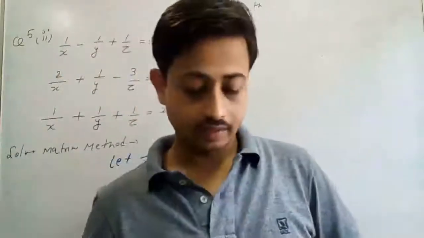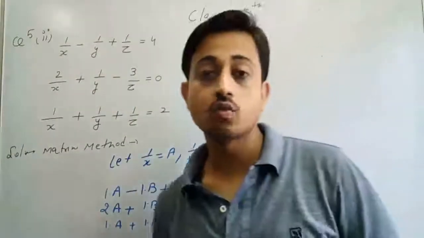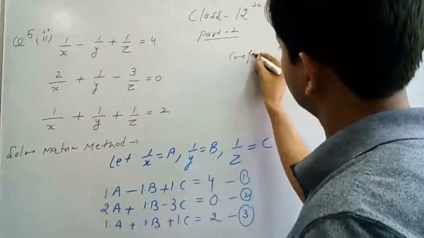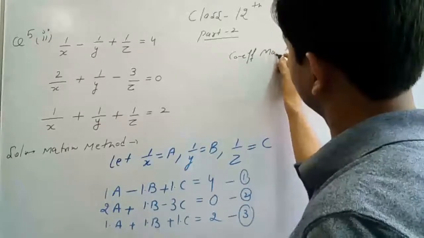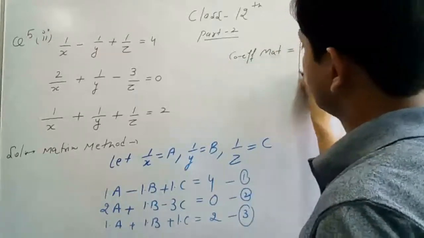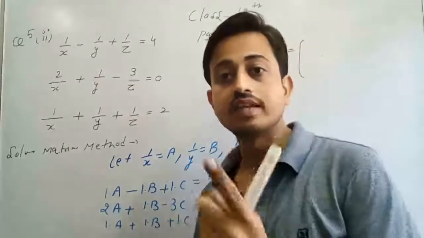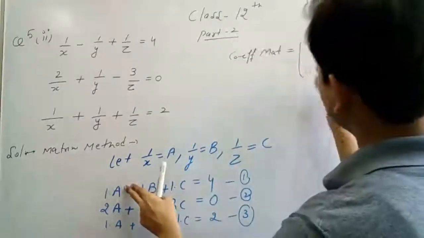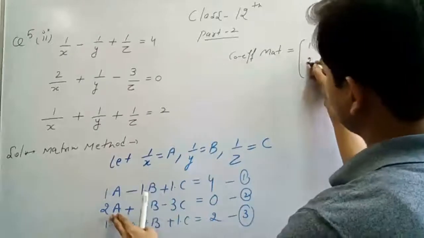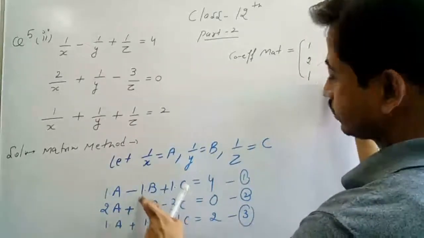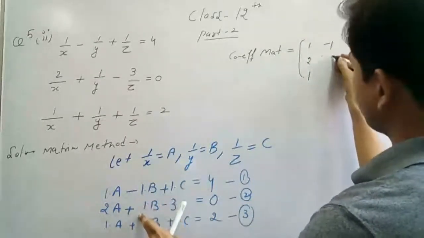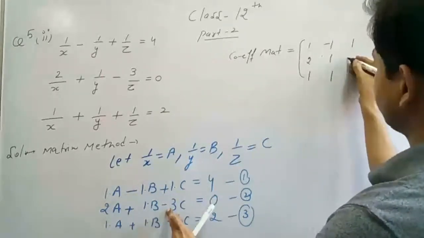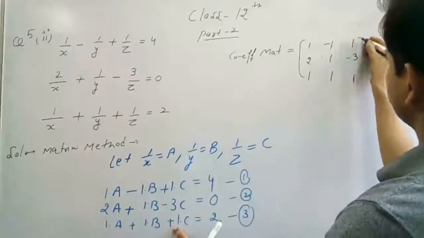Now we have to write the three matrices. The first matrix is the coefficient matrix. The variables are a, b and c. The coefficients are 1, 2, 1 in the first row, minus 1, 1, 1 in the second, and 1, minus 3 and 1 in the third.